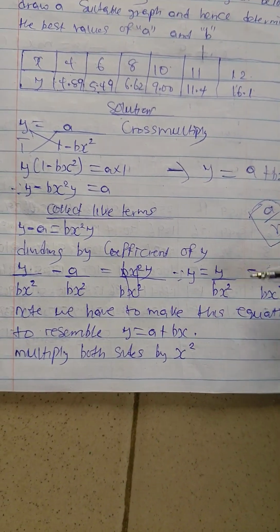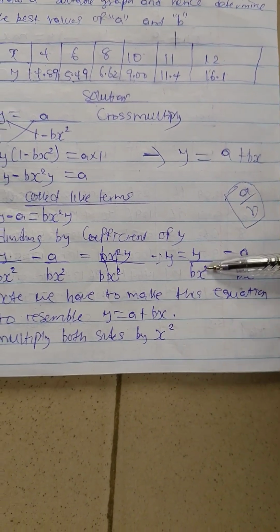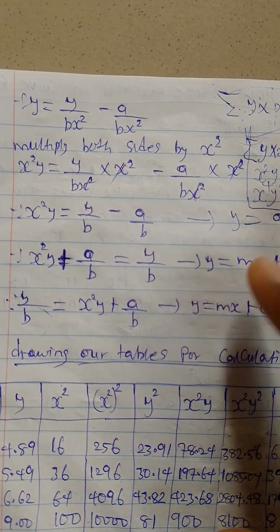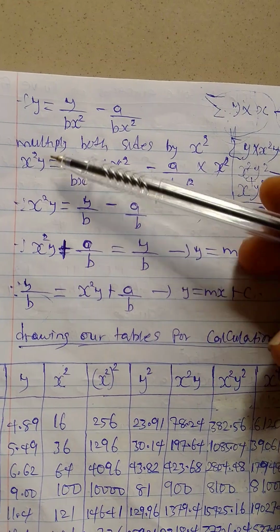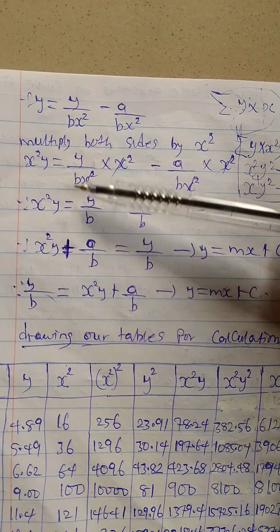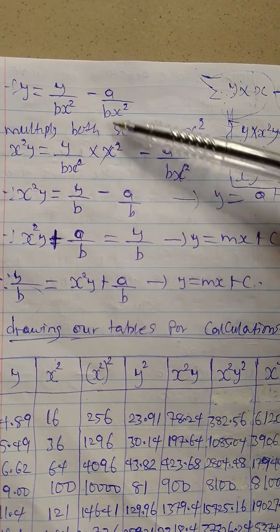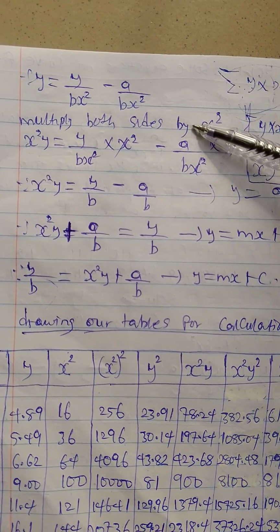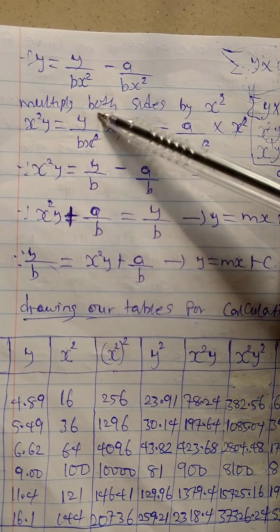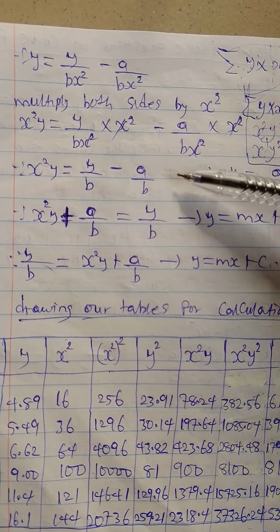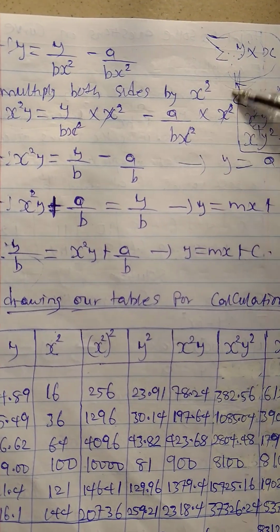So I multiply everything here by x squared: x squared times y is equal to y over b squared times x squared minus a over b squared times x squared. So that becomes x squared y equals, x squared cancels x squared, remains y over b, minus, x squared cancels x squared, remains a over b.